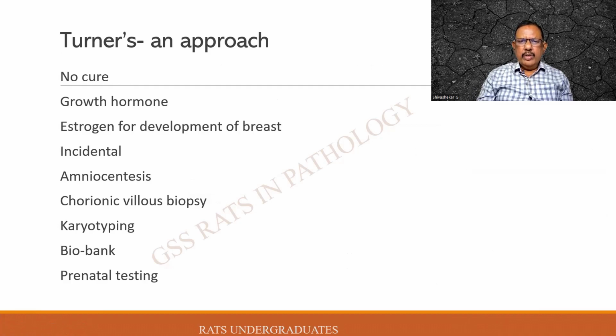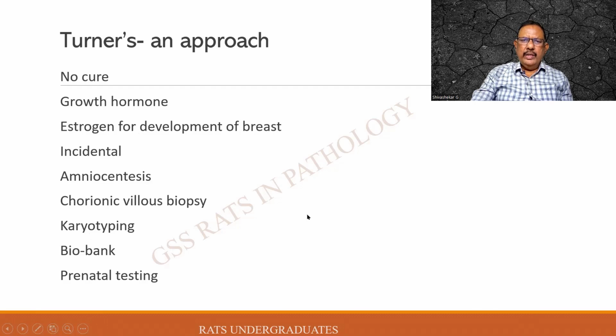First, we must not give false assurances. There is no cure as such. However, hormonal treatment can be given so as to improve the growth. Estrogen for the development of the breast, at least cosmetically. And it is usually an incidental finding, but if there is a family history, an amniocentesis or a chorionic villus biopsy can be performed to make an early diagnosis.